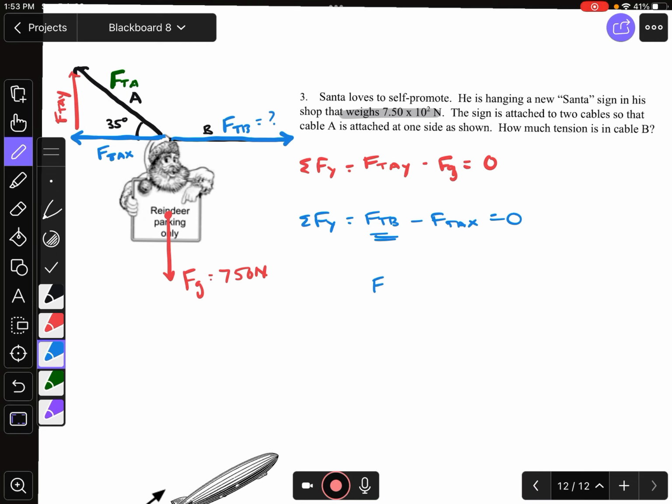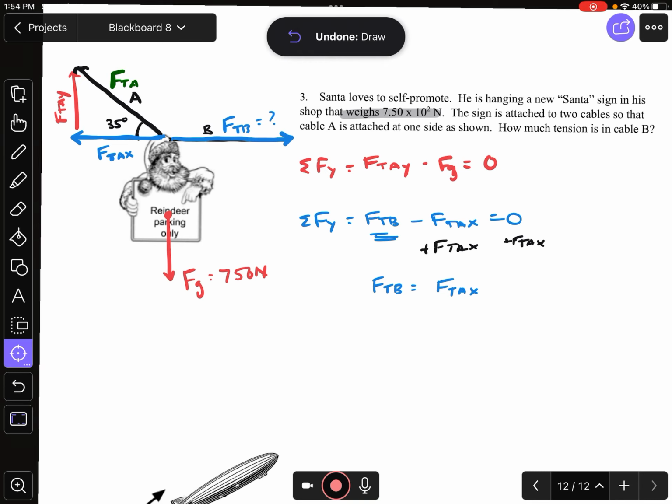So I'm looking for FTB. Like I said right away, it equals FTAX. I just did that by adding FTAX on both sides. But I don't know what FTAX is, so I have to figure it out. I'm going to try and just kind of have a little thought process aloud with you.